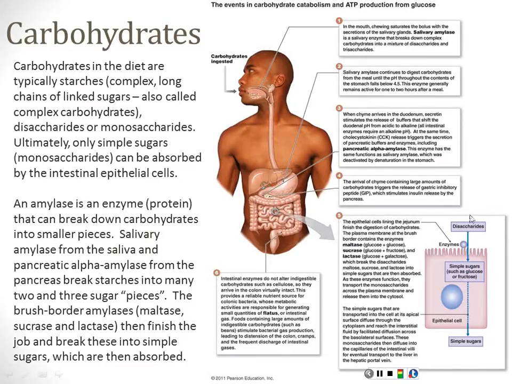So the disaccharides come this way, they get broken down in the last step right here, and then they're immediately absorbed into this cell as simple sugars, which then go right on through and into the bloodstream where they go out to the rest of the body. So the pasta that you had for lunch followed this path.